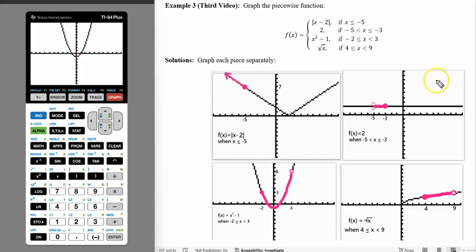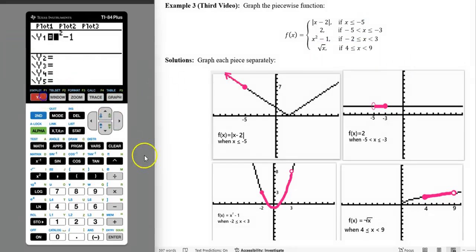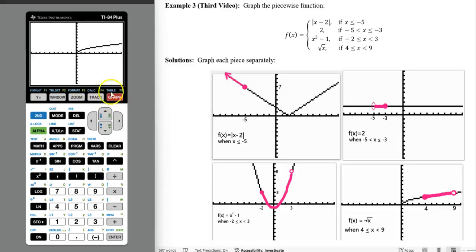And then finally, my fourth piece, I'm going to graph the square root of x, and I only want that section that's between. So let me do second and the x squared button, and then put x in that, and then I'll do graph.